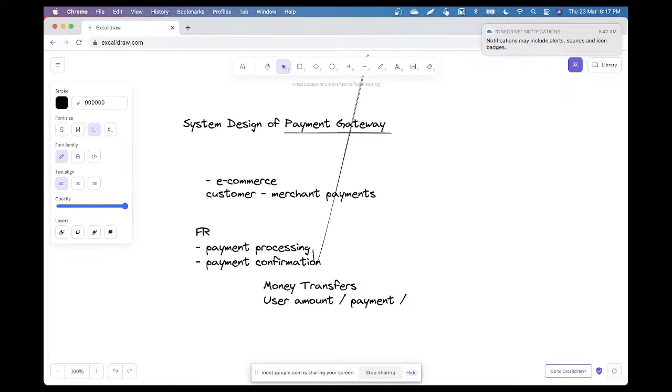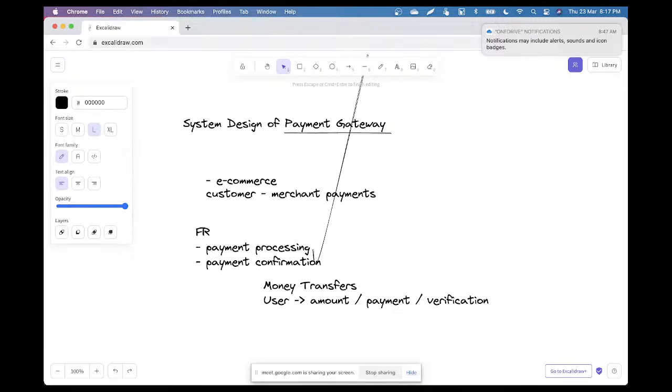So basically a payment gateway provides an interface where the user can enter the amount, how much money to pay, and initiate the payment. There are a few more features like verification of bank accounts and verification of whether the transaction is valid or not, and then the transaction happens.